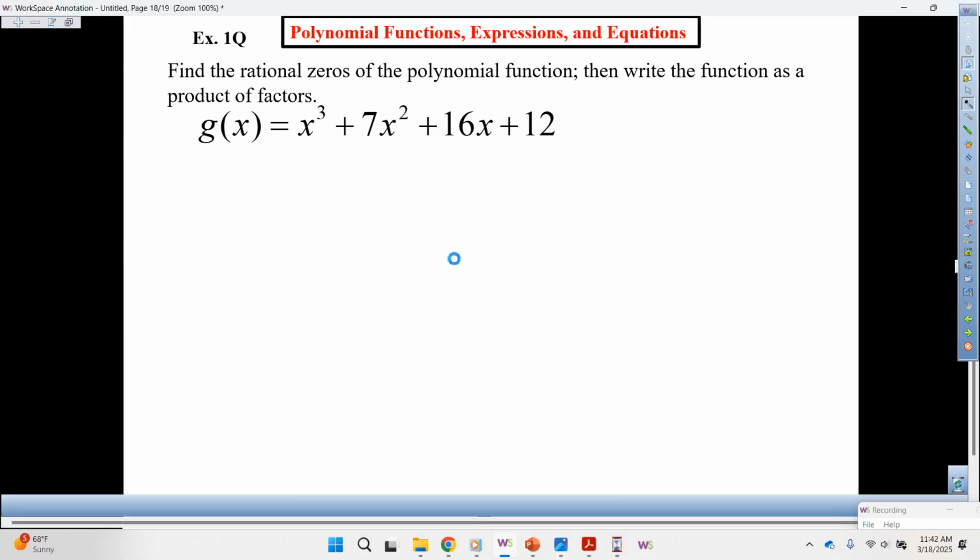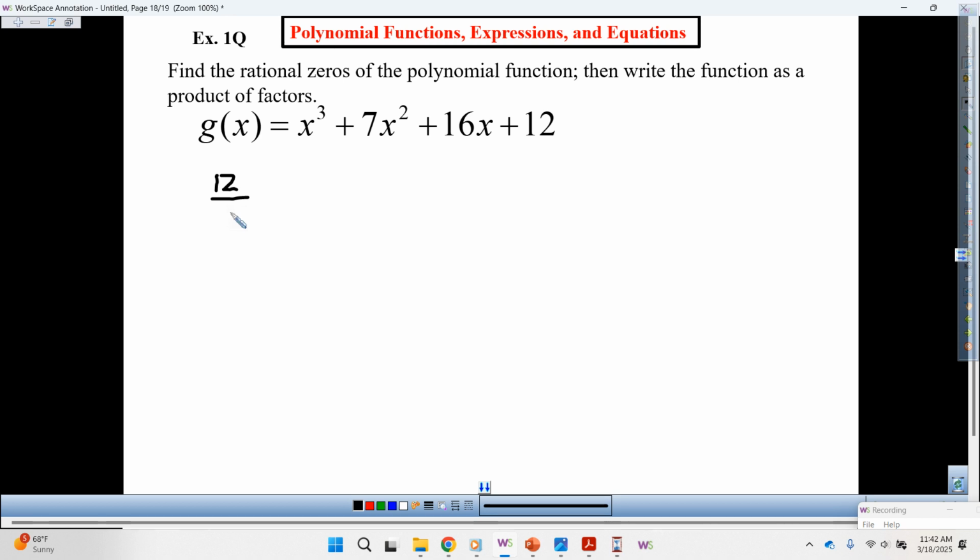All right, here we go. For the sake of time, Renzo, what fraction do I write first? 12. Over the leading coefficient, which is 1.